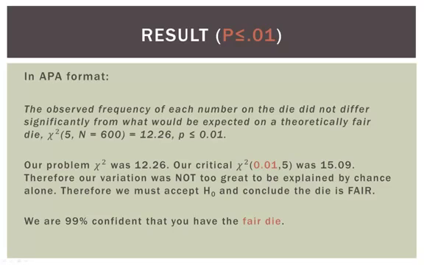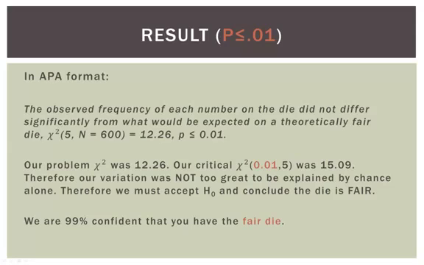Our critical chi-square with a p-value of 0.01 was now 15.09. We did not cross that threshold. Therefore, our variation was not too great to be explained by chance alone. Therefore, in this case, we have to accept our null hypothesis and conclude the die is fair. And we are 99% confident that you have a fair die.